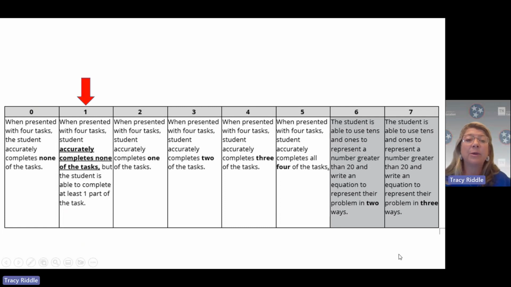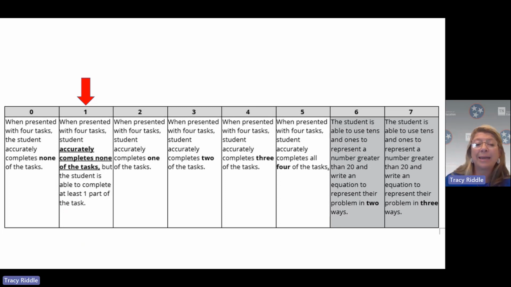If, when they are presented with the 4 tasks, they're not able to completely complete any of the tasks, but for at least one of the tasks, they were maybe able to compose or to decompose. They just weren't able to do the second part of recording their composition, or vice versa. So if they're able to do part of the task, that would be a level 1.